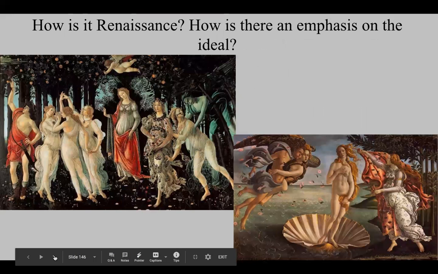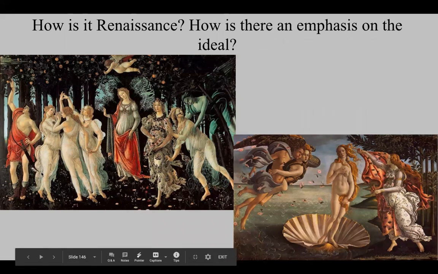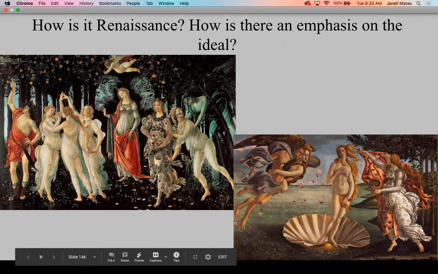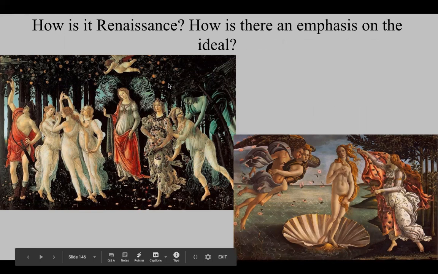Okay, so the last artist that we have is Botticelli. Botticelli was a favorite of the Medicis as well as a lot of the social elite of the day, and a lot of his paintings are based on classical stories. This one has Medici oranges at the top.